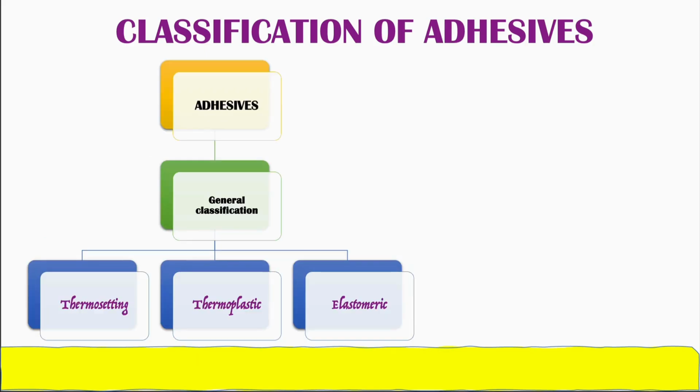So let's begin with the general classification. On the basis of general classification or the structure of adhesives, the adhesives are categorized into three categories: thermosetting, thermoplastic, and elastomeric. Now, as far as thermosetting adhesives are concerned, they consist of molecules which are cross-linked by strong covalent intermolecular bonds forming one giant molecule.